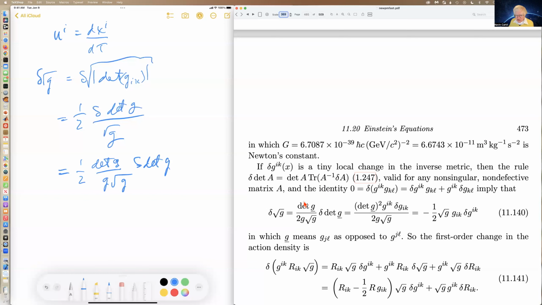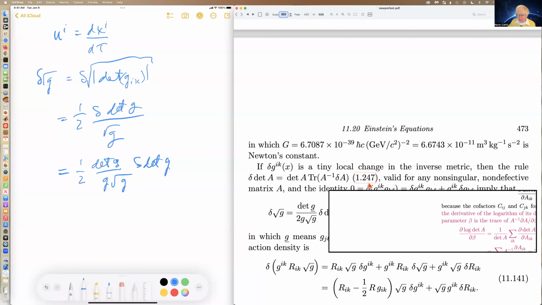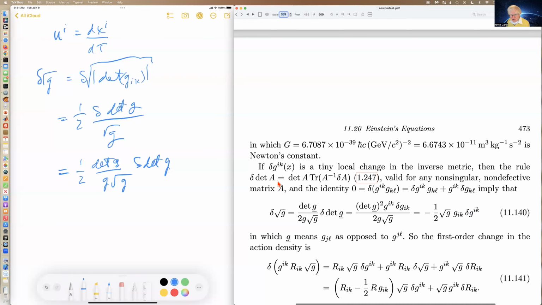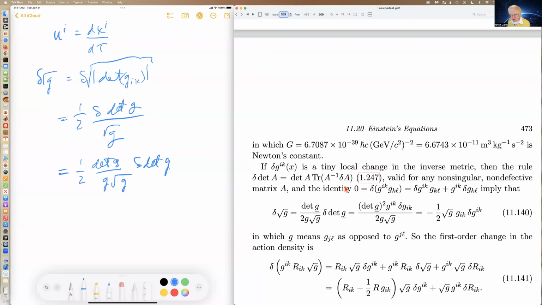The reason for determinant of g over g in there is to take care of the minus sign or the absolute value sign. And then the change in the determinant, well, that's this formula here that we derived back in chapter 1, namely that the change in the determinant is the determinant times the trace of the change in the matrix times the inverse of the matrix.